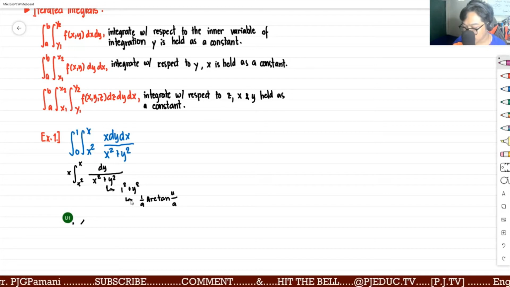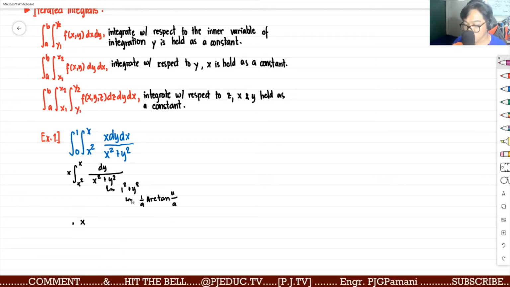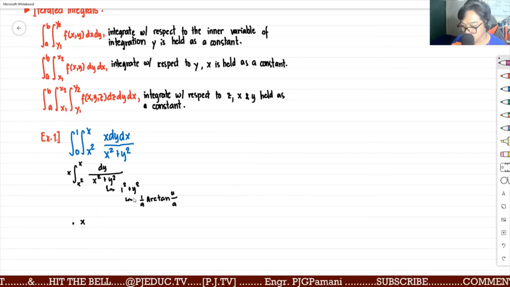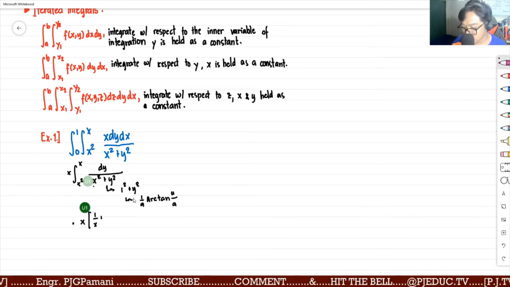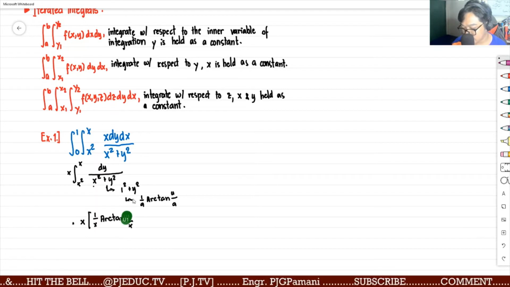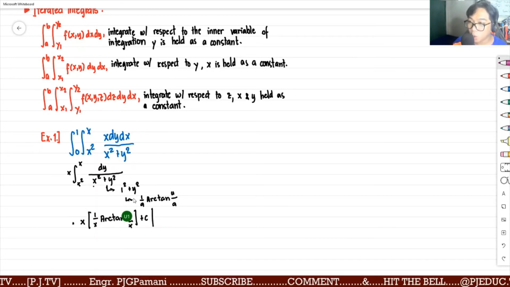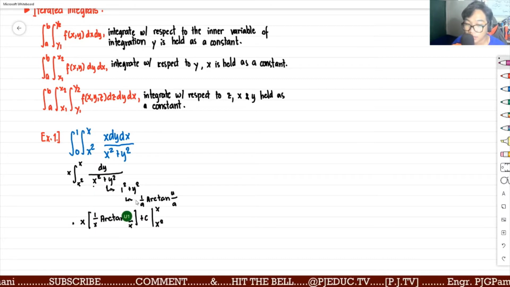That is x of 1 over 1 is simply x, x arctan, u is y, then a is again x, then plus c, then your upper and lower limit, which is x squared and x.